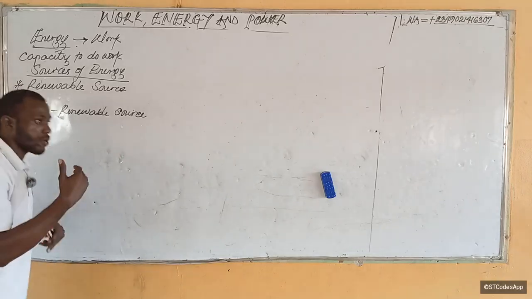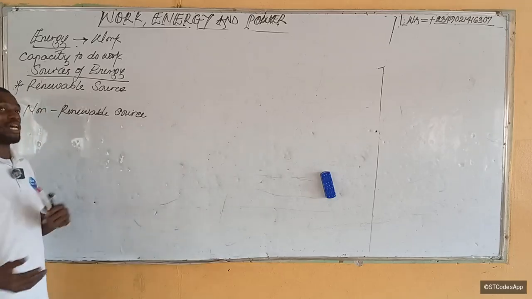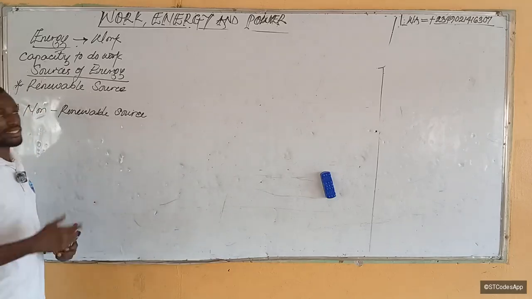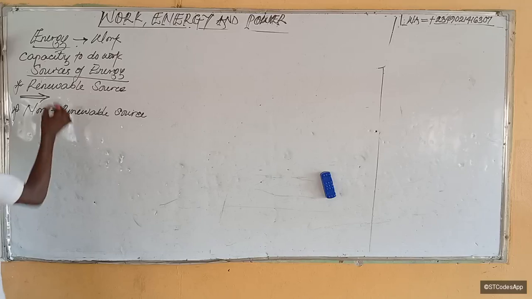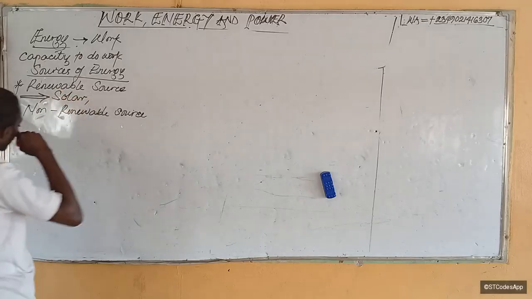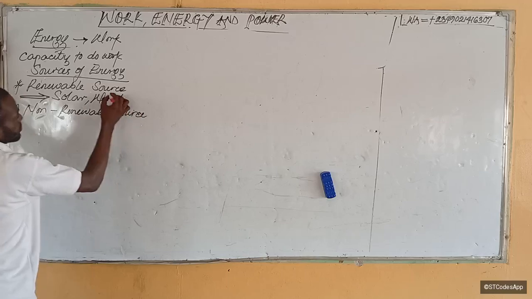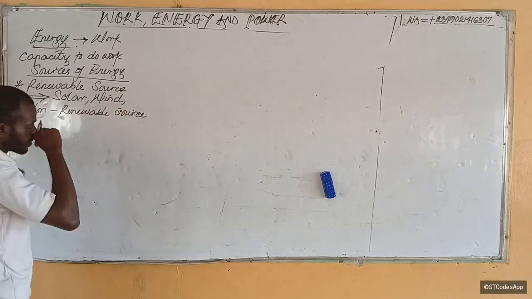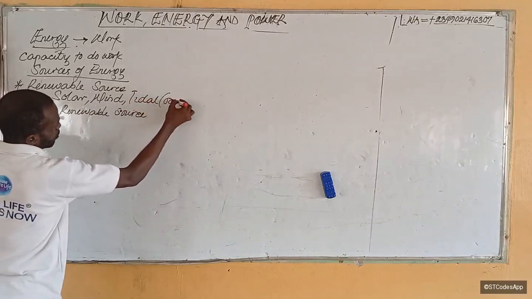We can recycle the energy; the energy that we have used up, we can regenerate it. An example of such a source is the primary source of energy in nature, which is solar energy. Other examples include wind energy and tidal energy, the one we have on the ocean.